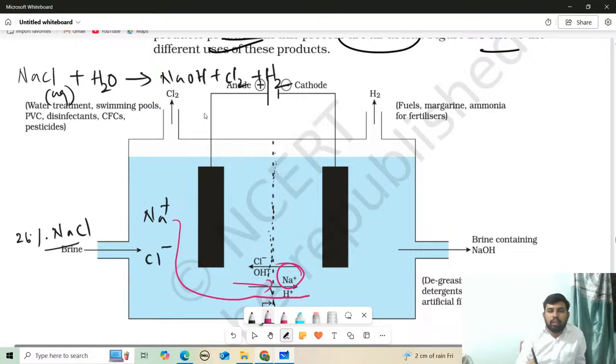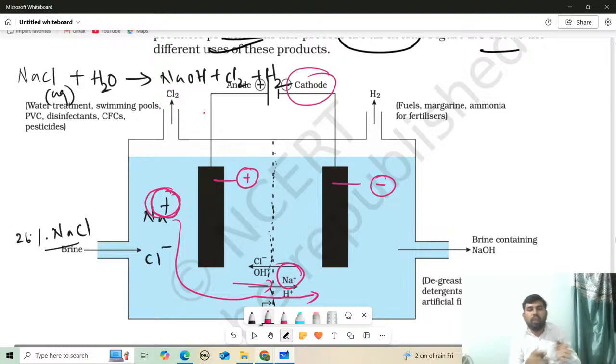Why? Because there is a positive charge on the sodium, so it should be attracted by the cathode. The cathode is the negative electrode and this is the positive electrode. A cation is attracted by the negative electrode. That's why sodium will come from the left compartment to the right compartment through this membrane. This membrane's specialty is that it allows only small ions, cations, not anions.